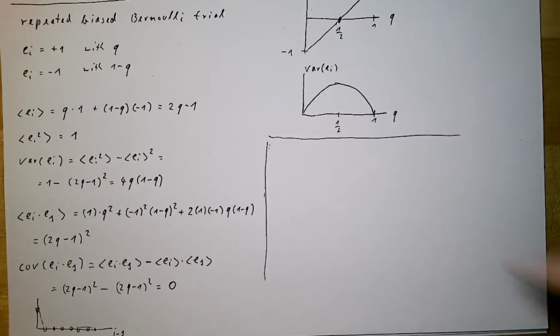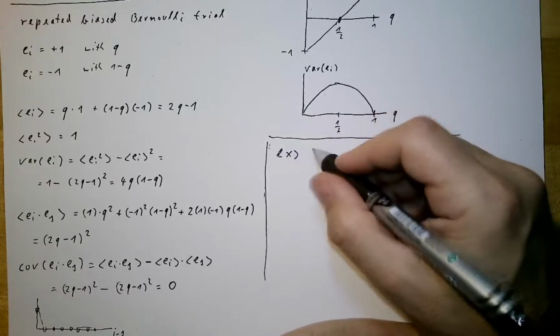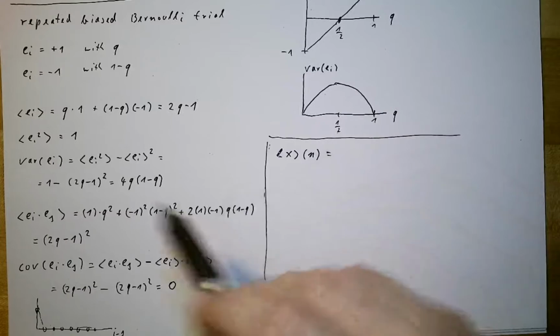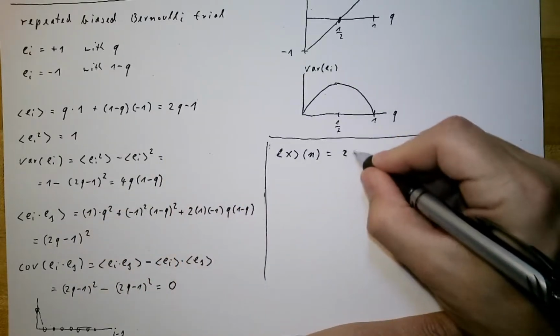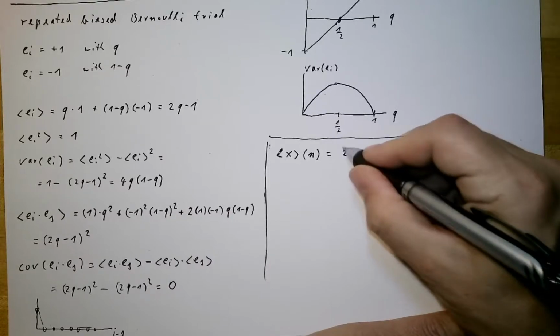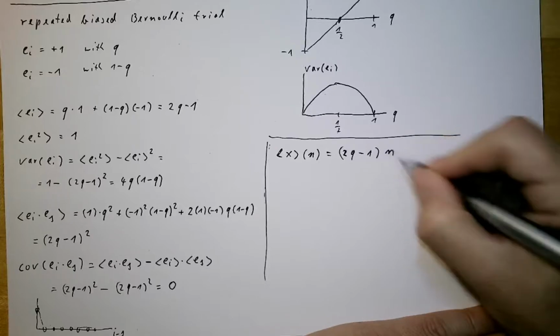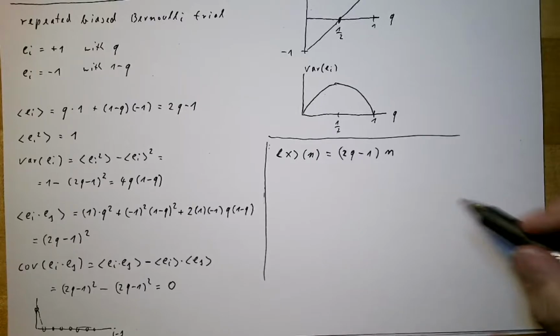So we find that the position of our walker as a function of time equals the mean value 2q minus 1 times the time n.